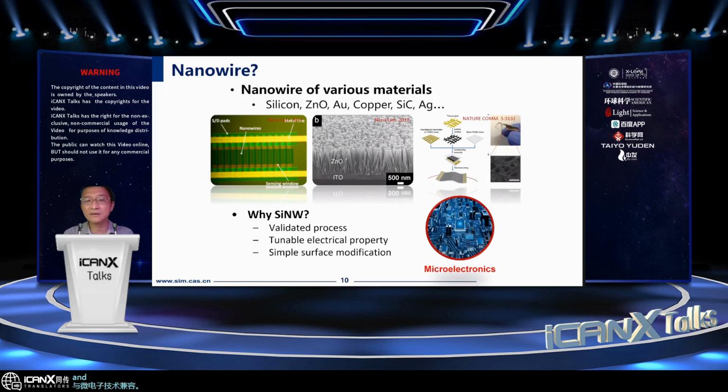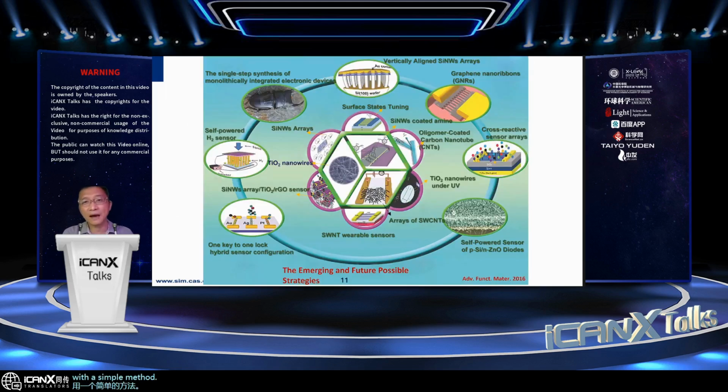It's very good for tuning the electric property. Also, as a sensor, it's very important to modify the surface with a simple method. So right now, we can have some very high sensitivity, high quality sensors with silicon nanowires.